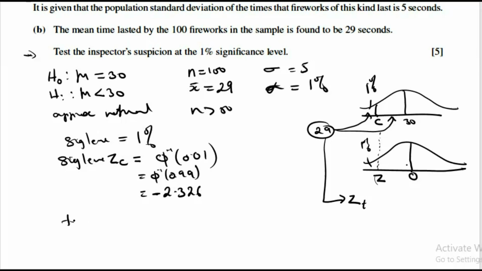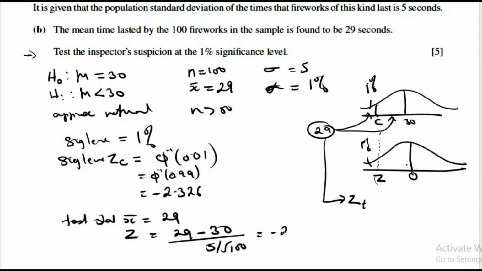Now coming to the test stat x bar, which is given to be 29. Converting that to z is standardization: 29 minus 30 over 5 over root of 100, which is found to be minus 2.